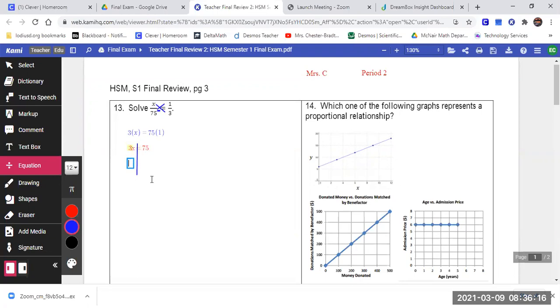So I have a 3x that's dividing by 3, and it has to equal the 75 divided by the 3.